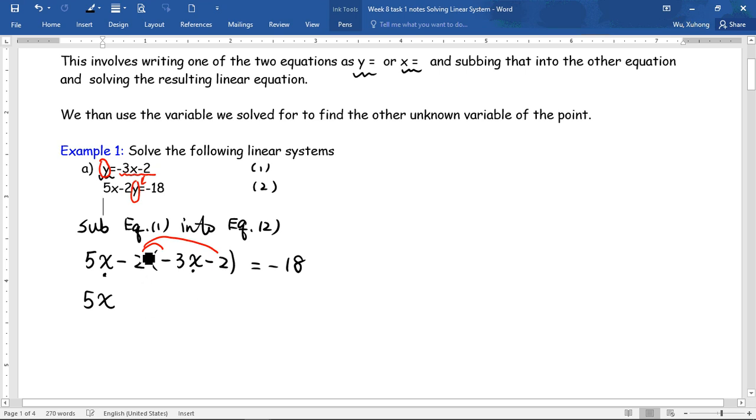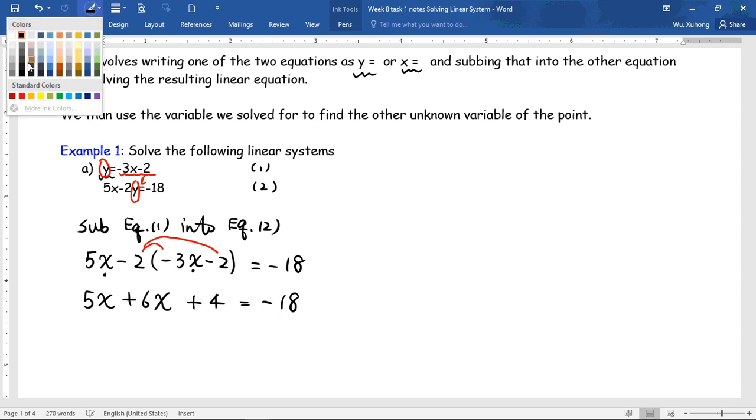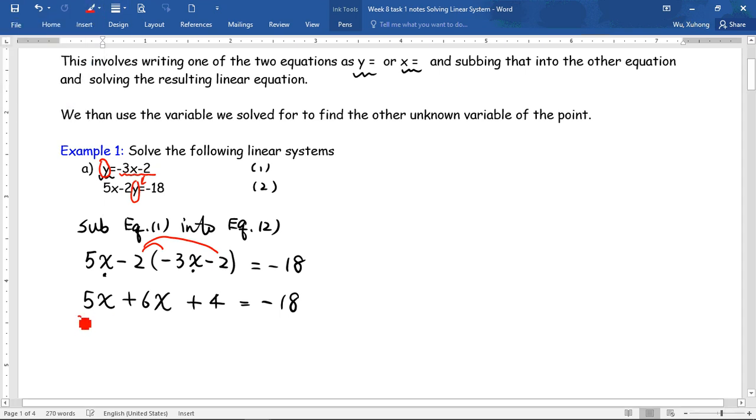So we do the expanding. -2 times -3 gives you +6. -2 times -2 gives you +4. Then in order to isolate x, we want to put x on one side and the number terms on the other side.